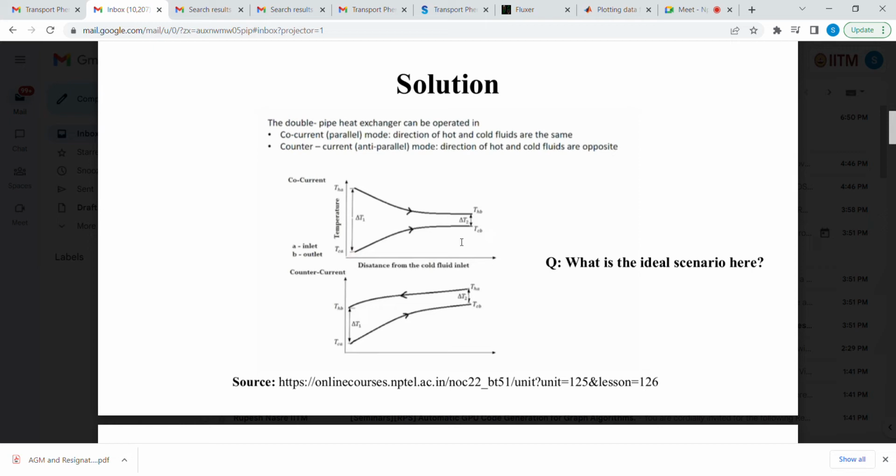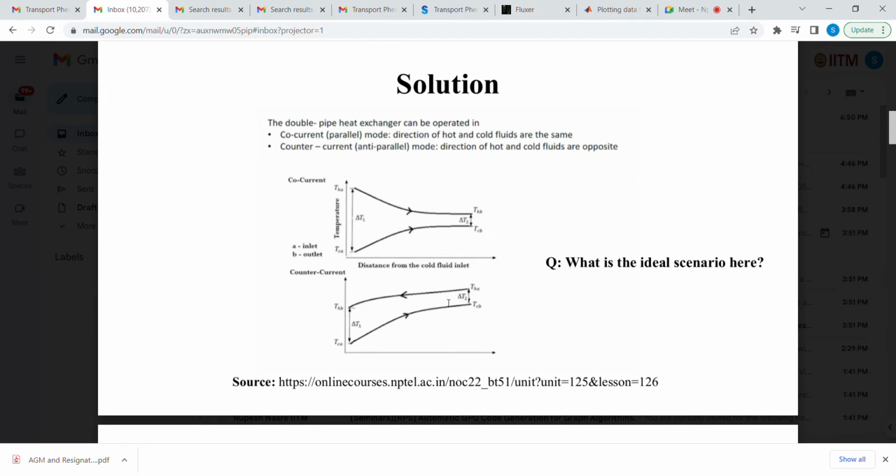So for the anti-parallel flow, where the hot and the cold fluid run in reverse to each other in terms of directions, this is the temperature of the hot fluid.